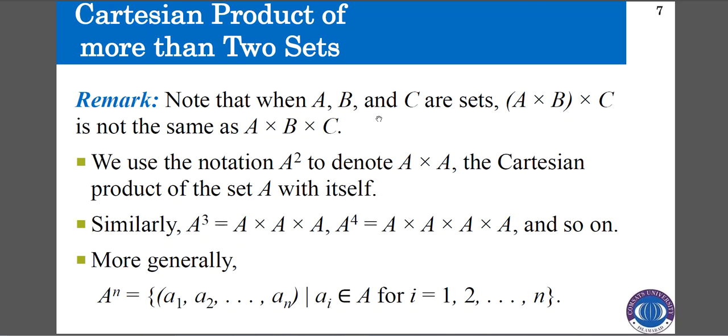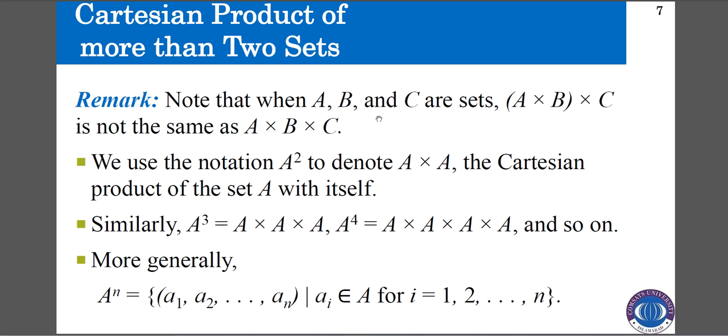We use the notation A² to denote A × A, the Cartesian product of set A with itself. Similarly, A³ is A × A × A, and A⁴ is the Cartesian product of 4 A sets, and so on.